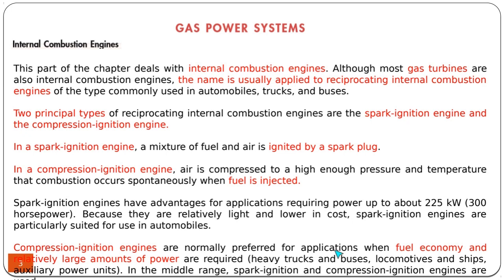On the other hand, the compression ignition engines, the diesel engines, can be used for a variety of applications, starting from car engines to very large ship engines or power generation plants. They may be up to thousands of kilowatts, whereas the spark ignition engine can be as small as much less than 1 kilowatt.